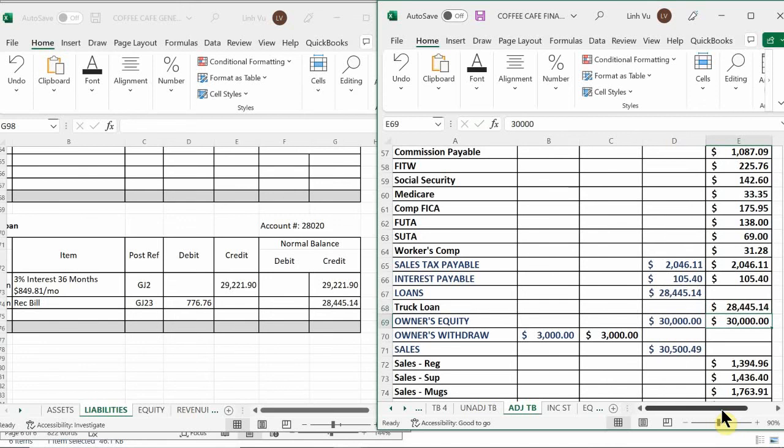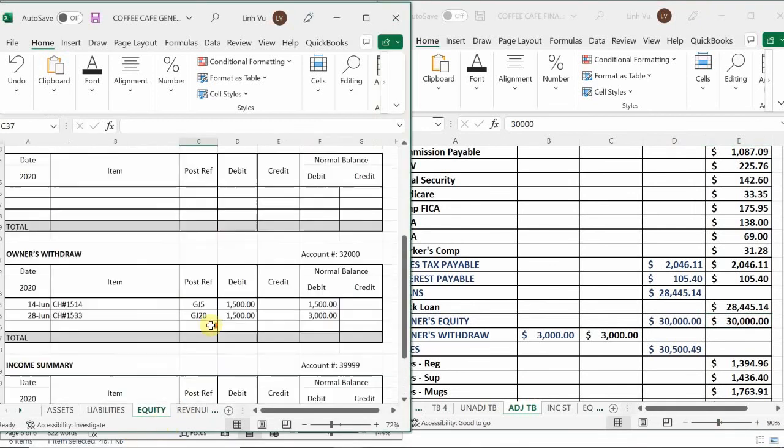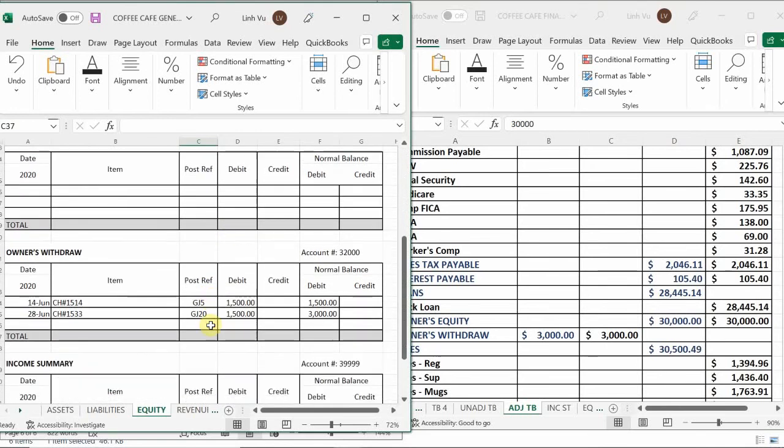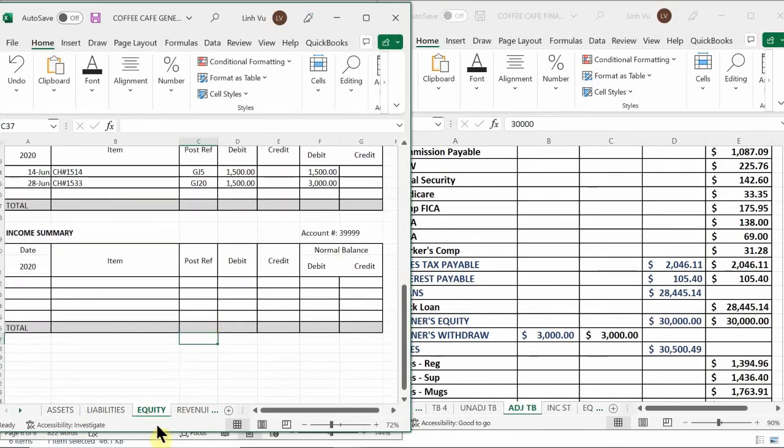Okay. So next is my equity. Equity is still 30,000. No capital contributions, but owner's draw is still 3,000 and no income summary yet.